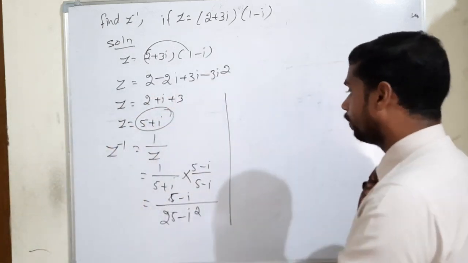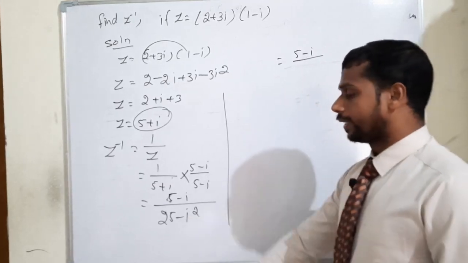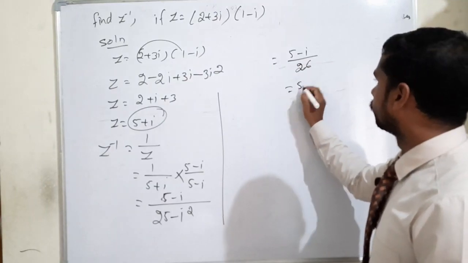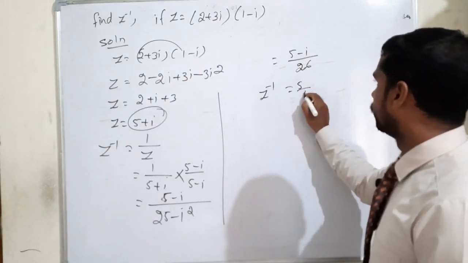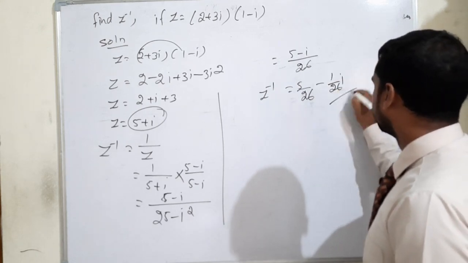Therefore 5 minus i divided by, i square means minus 1, we have a common minus, so minus into minus plus, 26. Therefore this is called Z inverse. The Z inverse is equal to 5 by 26 minus 1 by 26i. This is our final term.